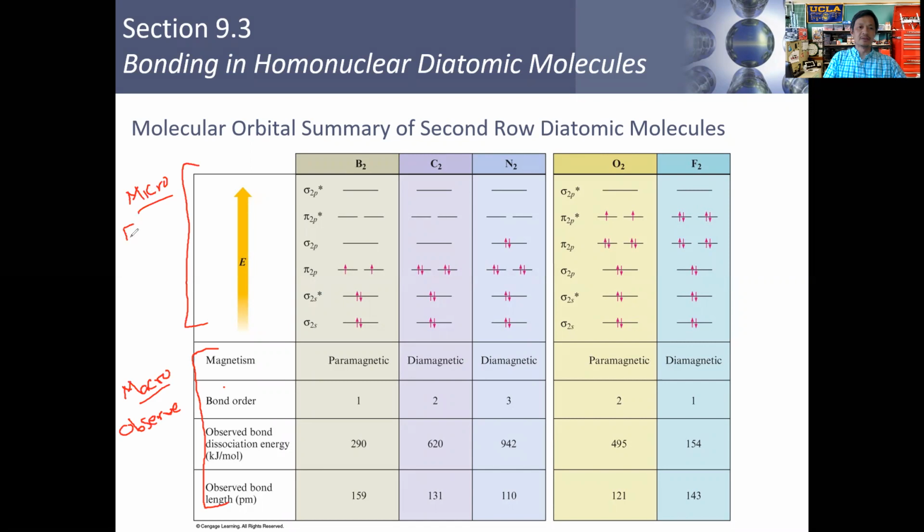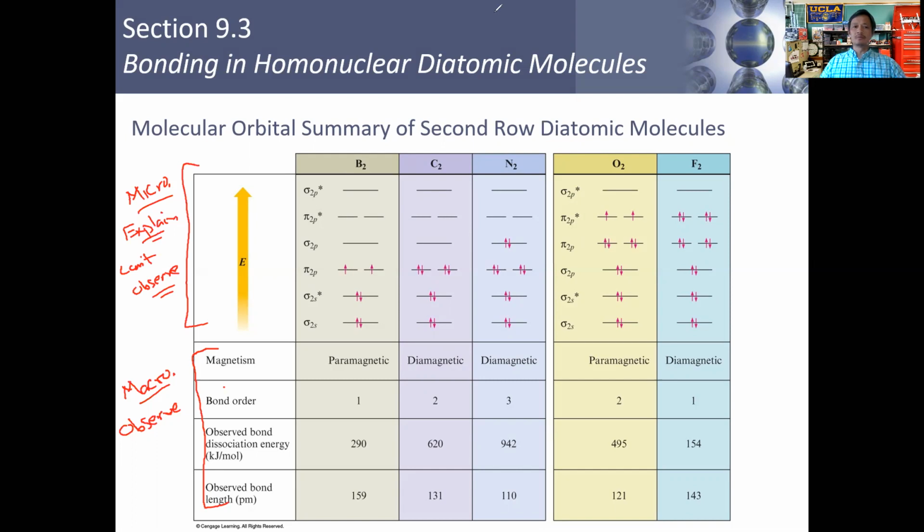That's the explanation, how we explain these observable events. We're trying to tie together the macro and the micro. This we cannot observe, but it is what we believe is happening at the electron level. Okay, all right, very good.